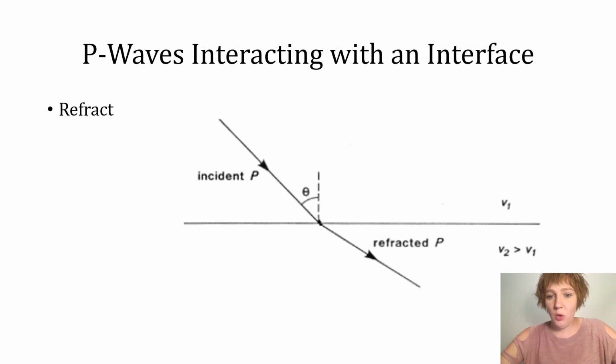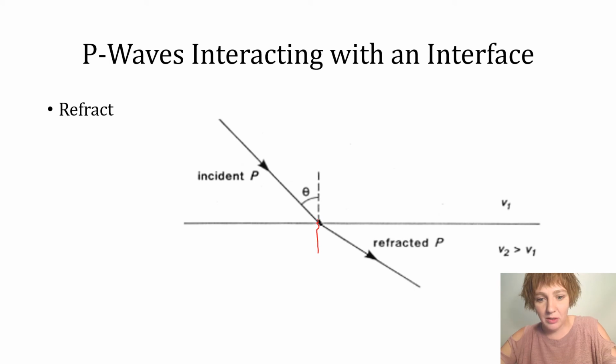Okay, so again, we have a ray coming in, refracting, and in general, when we're talking about this, we're usually talking about an incident P wave. It refracts at the interface in such a way that here it's bent away from the normal.